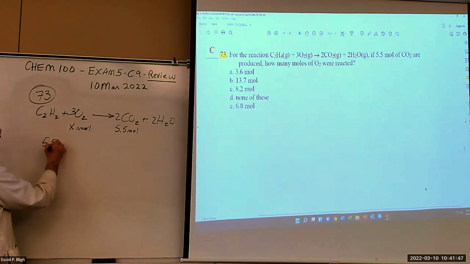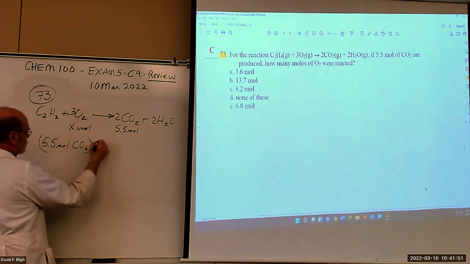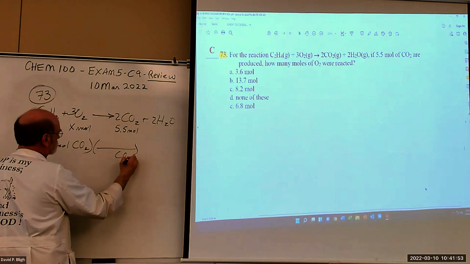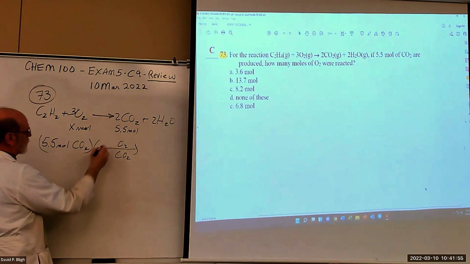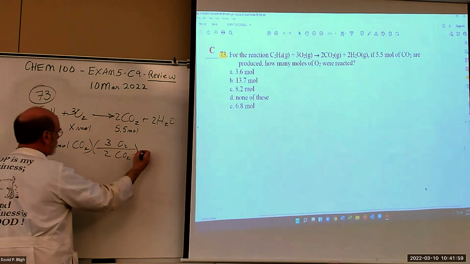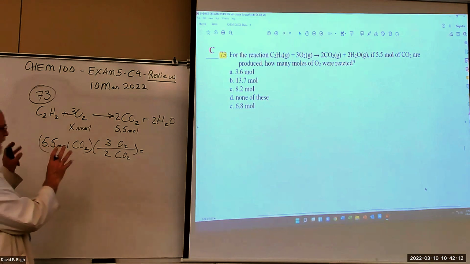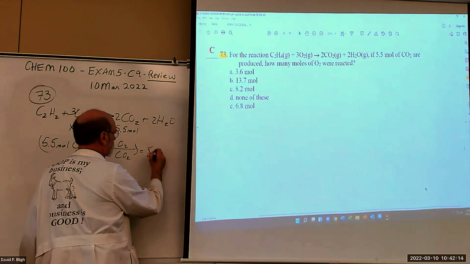That's fairly simple, right? CO2, 3 from here, 2 from there. 1.5 times that. I could do that in my head, but I'm not going to. 8.25 or 8.3, rounded off.